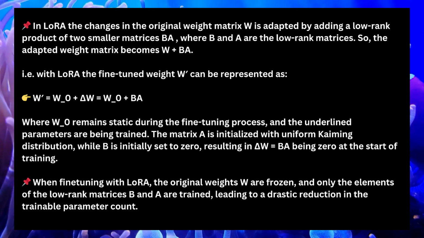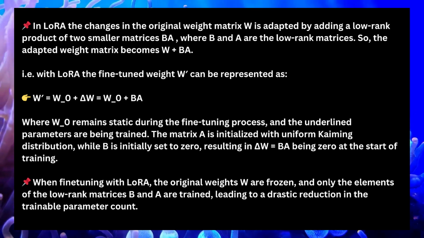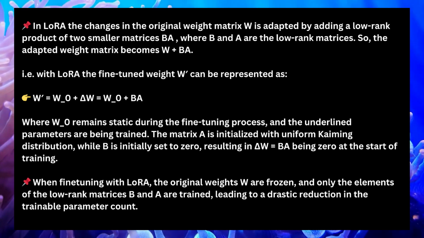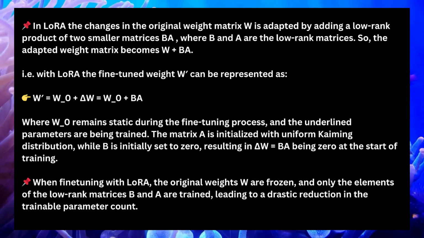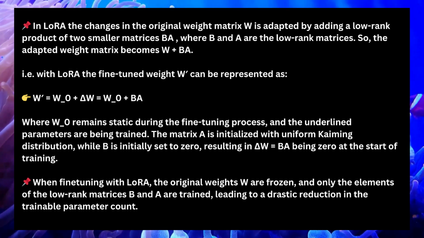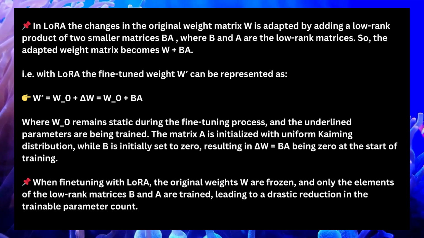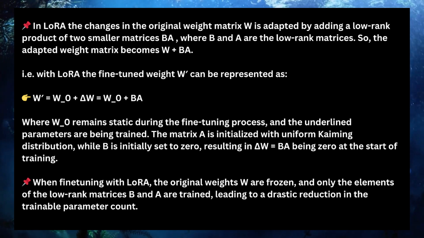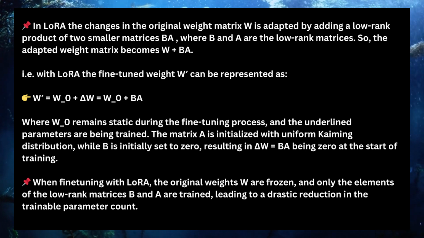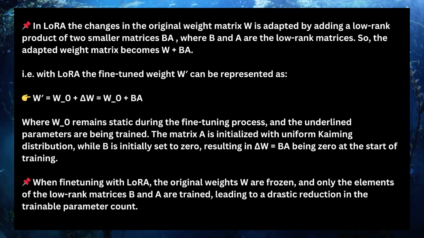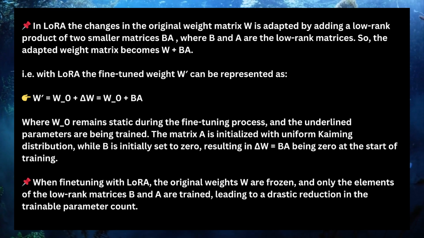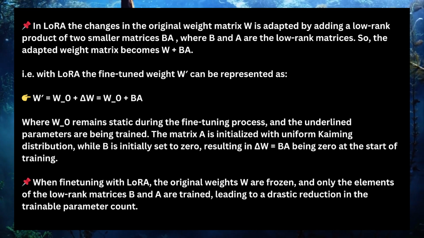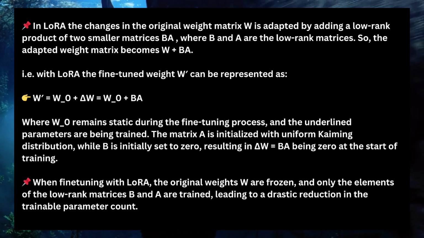The actual mathematical expression of LoRA is given in this equation, where the weight W' can be represented as W_0 plus delta W, and that whole expression is again equal to W_0 plus AB. W_0 remains static during the fine-tuning process while the underlying parameters are being trained.